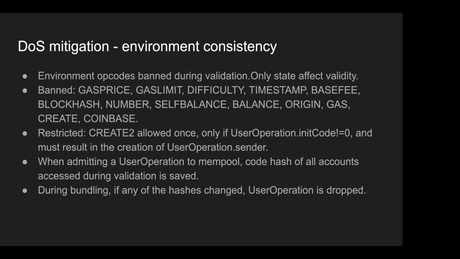And this includes accounts that are called, or accounts whose code hash it looks at, or any other way of accessing the account. And then during bundling, when it needs to check validity again, it checks all of these hashes before simulating. If any of these hashes changed, then the user operation is dropped without simulation.